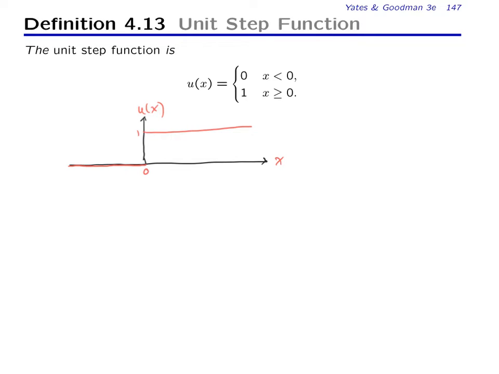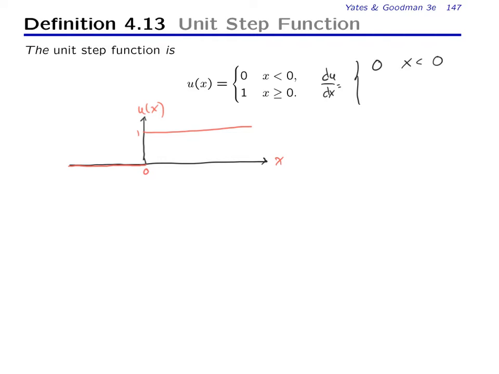Then we're going to find the PDF by taking the derivative of the CDF, but we'll need then to know, well, what is the derivative of this unit step? We can blindly try to find the derivative of the unit step by looking at the derivative piecewise. So looking at the unit step, the derivative is 0 for x less than 0.